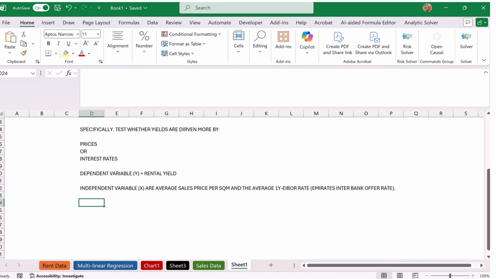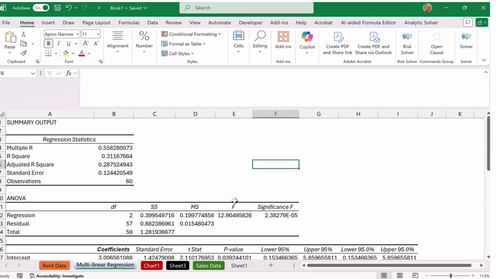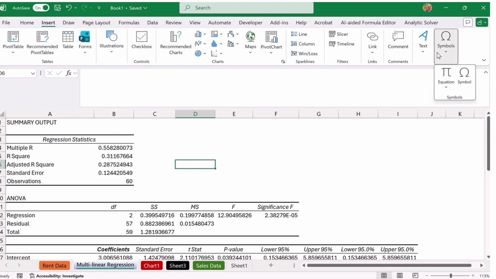So now let's focus our attention on the multiple linear regression model. From this model, we can build our formula.